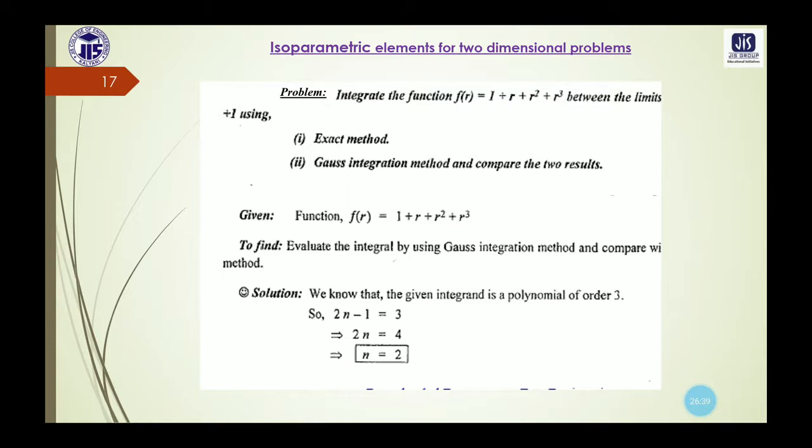So based on the order of the polynomial, we write 2n minus 1 equals 3 here, because the highest order is 3 for the given polynomial. So 2n minus 1 equals 3, and that means n equals 2 here. So that means we will go with the 2-point Gaussian quadrature.